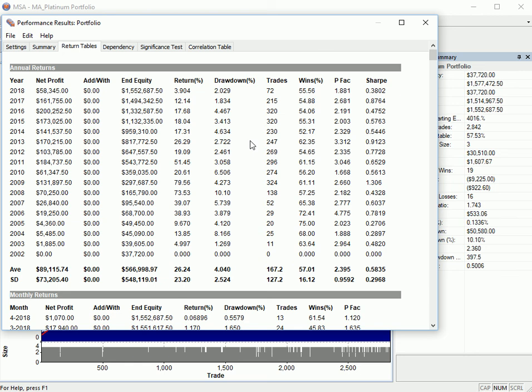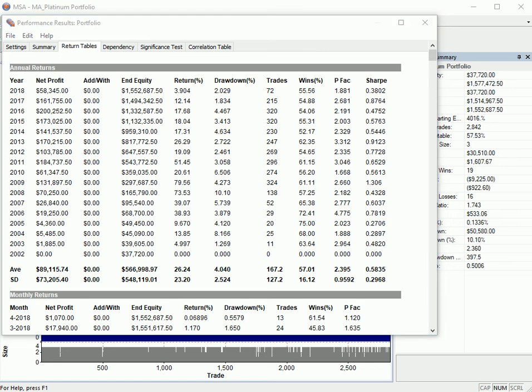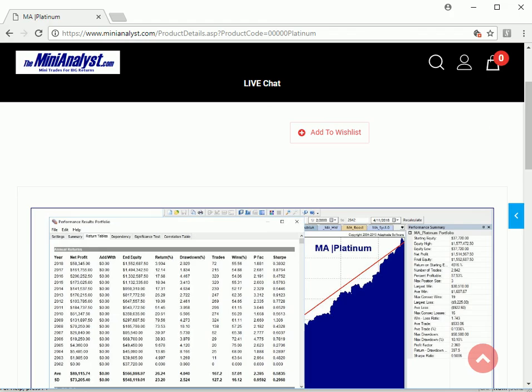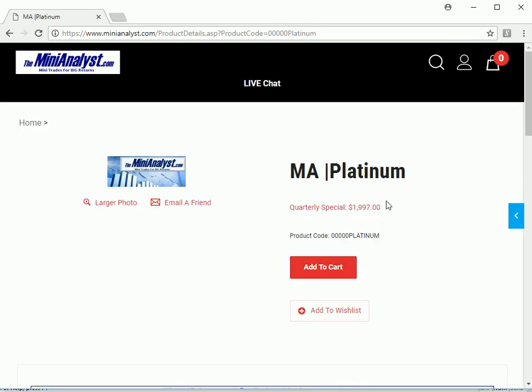I guess that's it. So for a link to the Platinum portfolio, we would have to go back over here, and right there to the Platinum. We can refresh that actually. There we go.